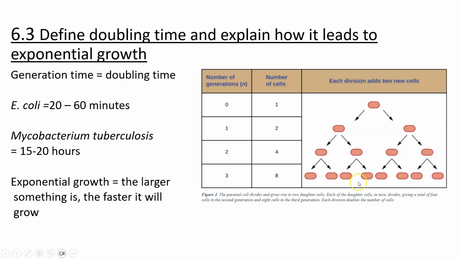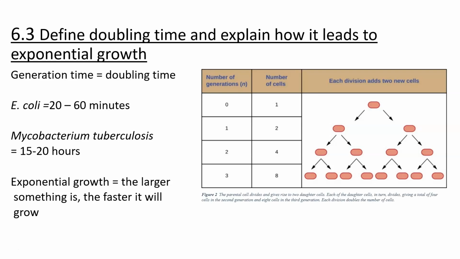As bacteria populations grow, the more bacteria I start with, the faster the population gets bigger, because I'm going to double at every generation. This is why we say bacterial populations grow exponentially, meaning the larger the population is, the faster it will grow. You get that?